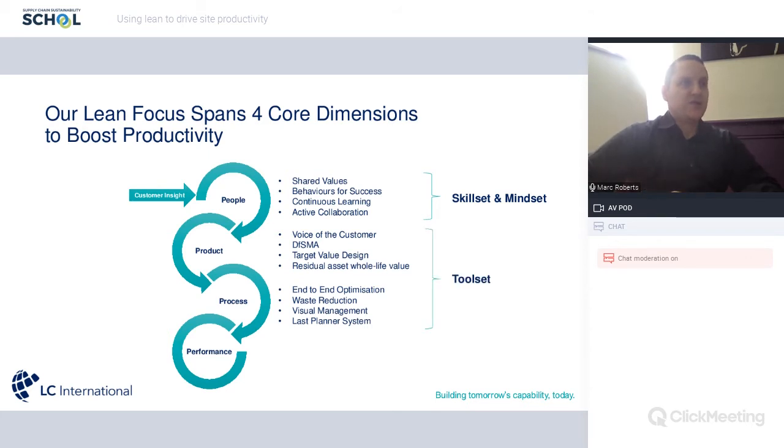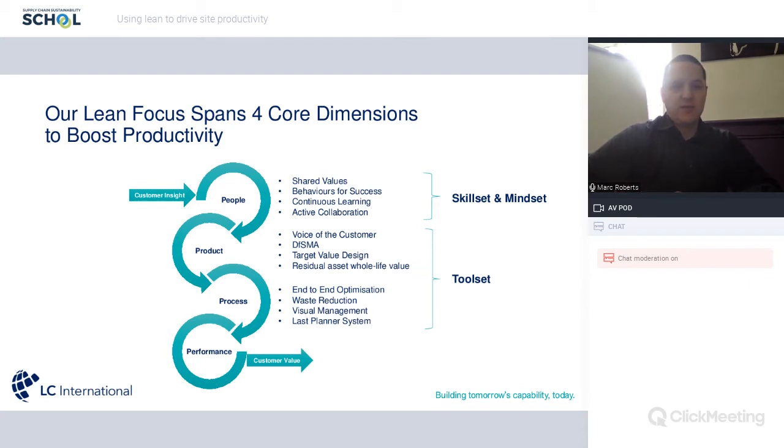And across those two spheres, that's the tool set. So here we're aligning the skill set, the mindset and the tool set, all to deliver exactly what our customers value.